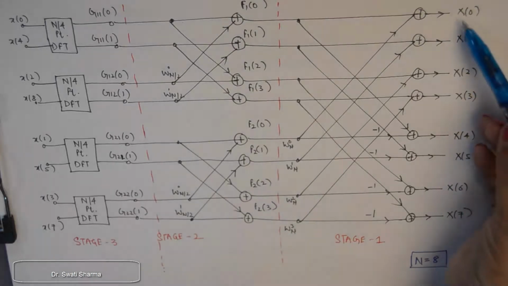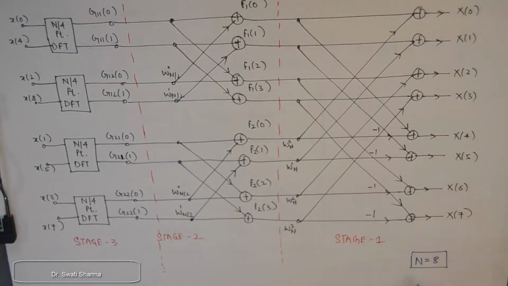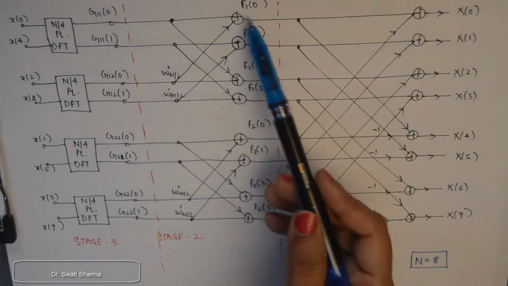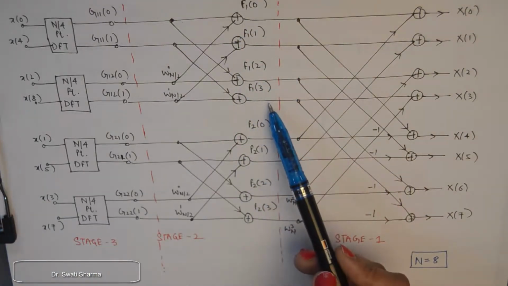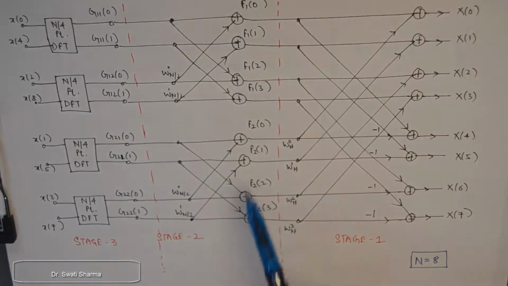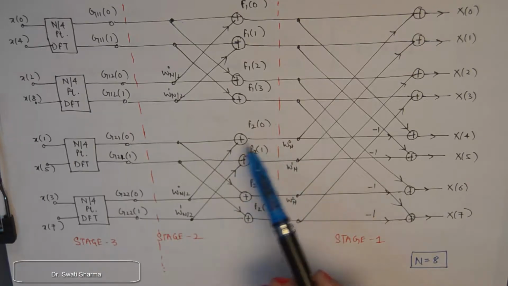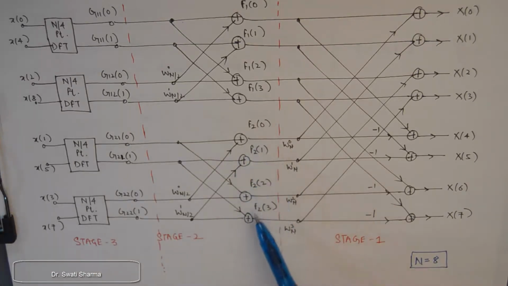So here the sequence x of n is decimated, and we've been able to decimate it into 2 sequences of length 4 each. The first sequence is named as f1, having 4 samples 0 to 3, and the second sequence is denoted by f2, having again 4 samples 0 to 3.